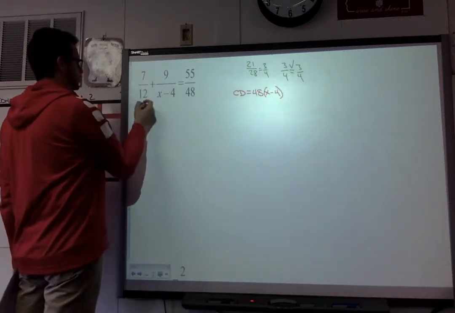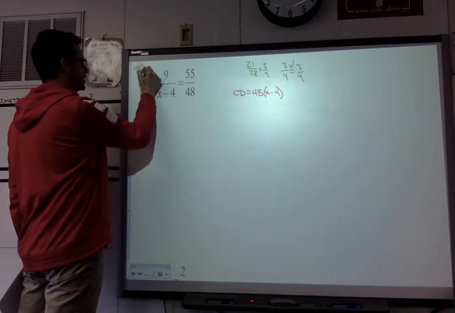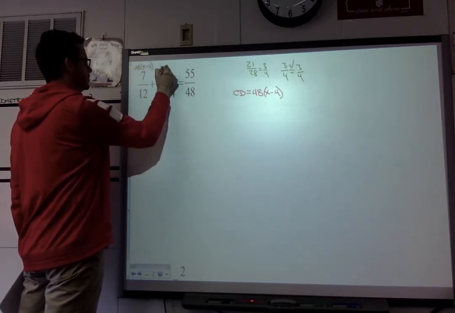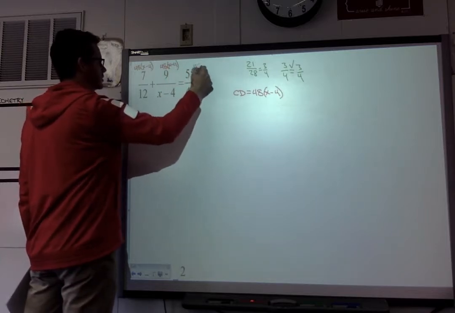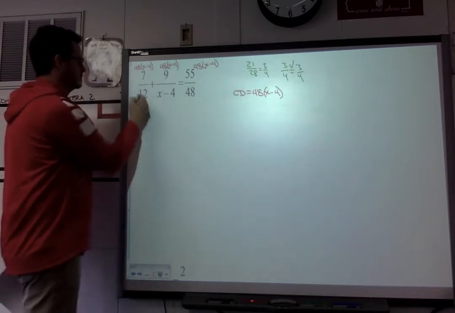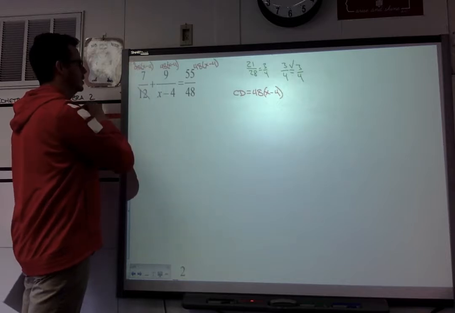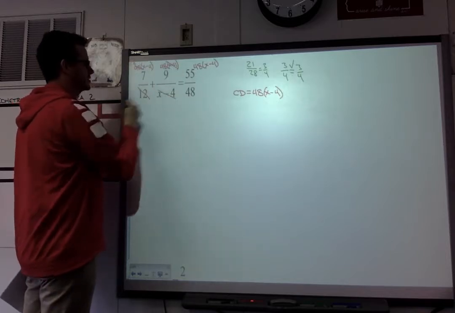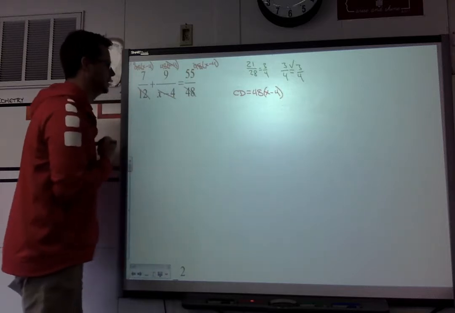So again, I'm going to multiply each term here by 48 times x minus 4. Then if I go through, I can eliminate my 12. My 48 becomes a 4. I can eliminate x minus 4, and then I can eliminate my 48 here.